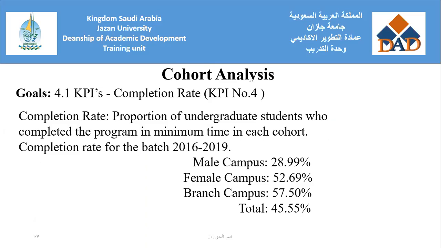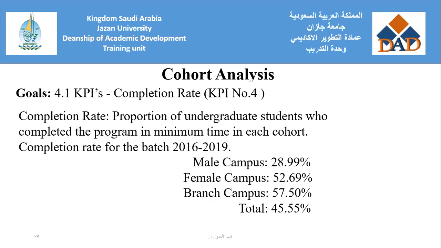Then KPIs, key performance indicators. We can calculate 4 KPIs with this cohort analysis information, out of the total 17 suggested by the NCAAA. The first one is completion rate. It is the proportion of undergraduate students who completed the program in minimal time in the cohort.